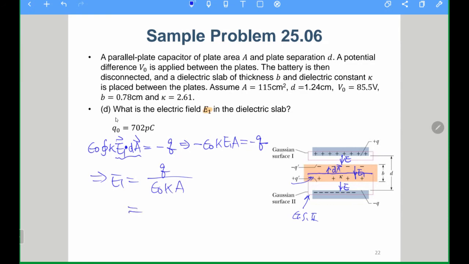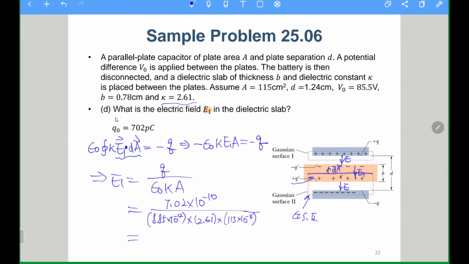So when we plug in the numbers, it is 7.02 times 10 to the minus 10 over 8.85 times 10 to the minus 12, times kappa, which is 2.61, times 115 times 10 to the minus 4.